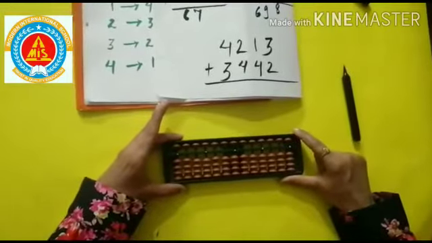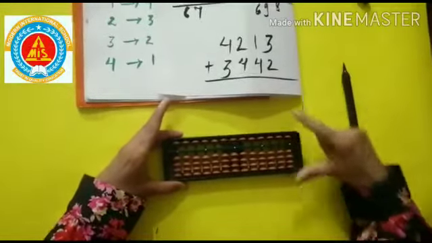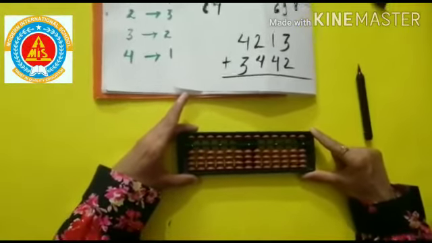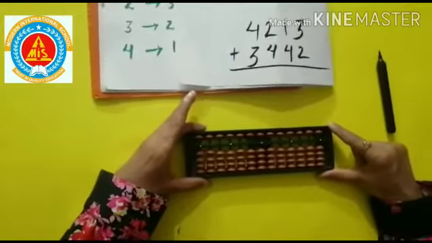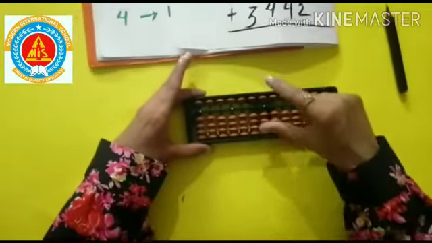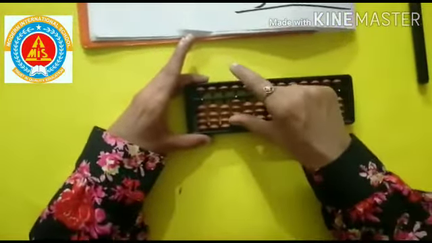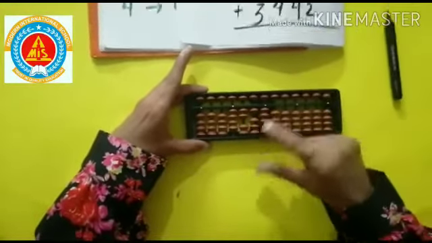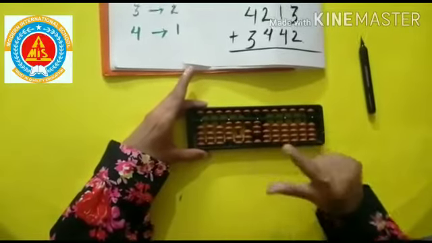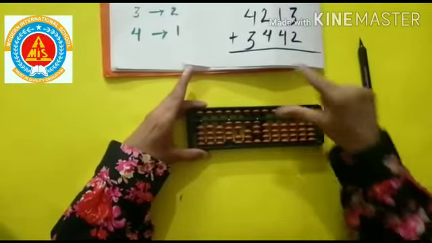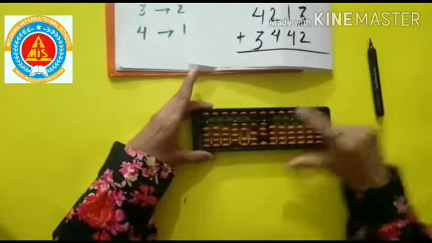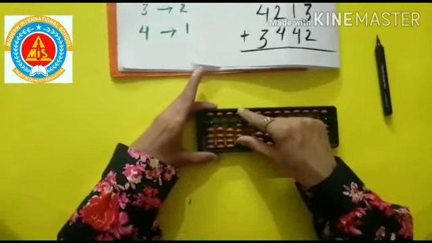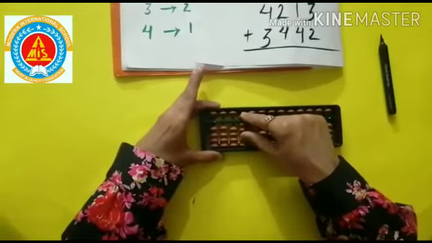Then we will add the numbers 4213 plus 3444. For that we will use 1000 number of rods. These are the 4213. Now we have to add the number 3000. 3 beads are not enough here, so add the boss 5 less the friend 3.